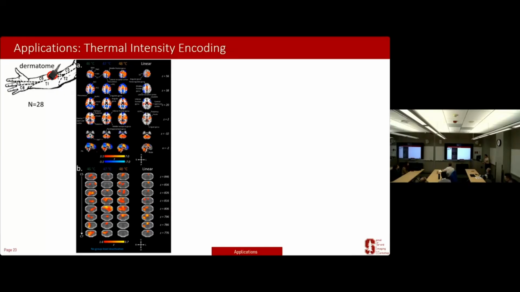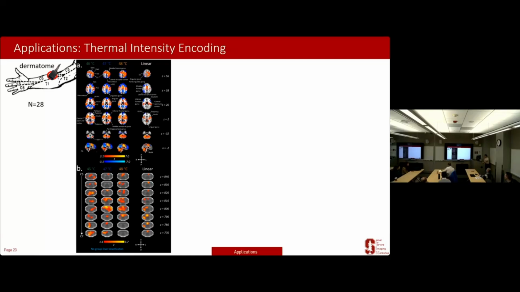And brain regions that activate and deactivate linearly with the 3 temperatures are shown in this column on the right. These are classic pain-related activation patterns.